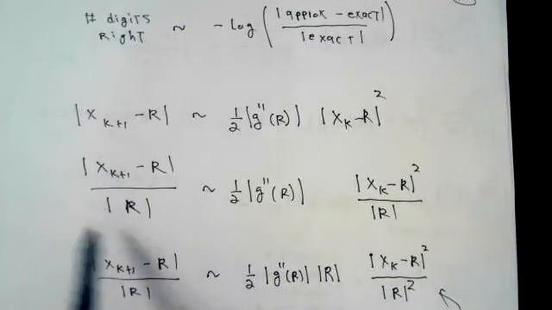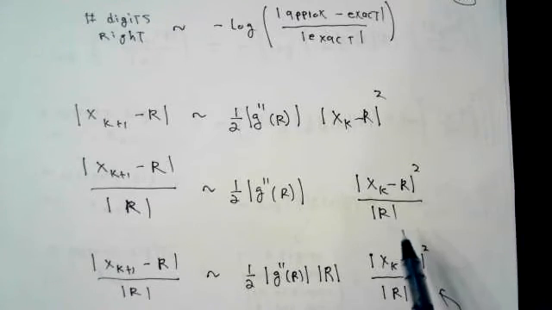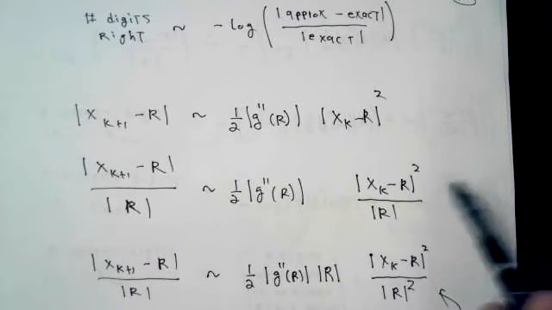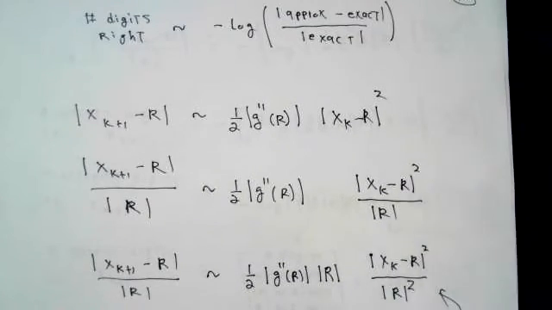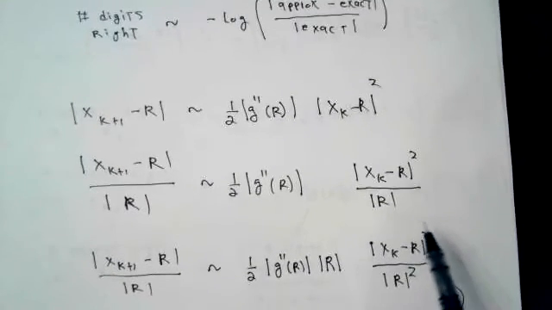This is going to be the relative error in x number k plus 1, but see, this isn't right. I've got a second power on the absolute xk minus r. If I had a second power on the r, then I would be all right, because I could write this chunk as the square of the relative error at step number k.